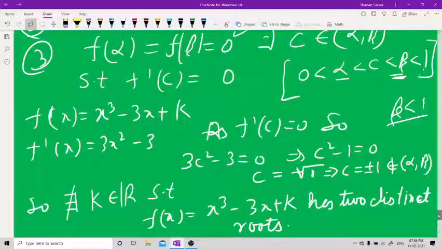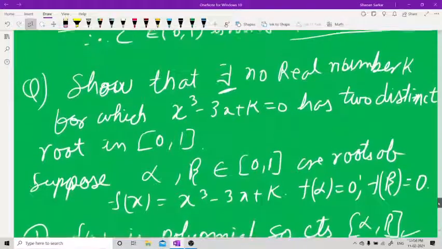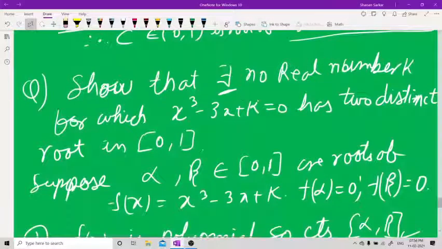The question is saying that for any value of k, and that k must be a real number, I will not find two distinct roots. That's what I want to show. So what I have taken, by contradiction, is two distinct roots, alpha and beta.